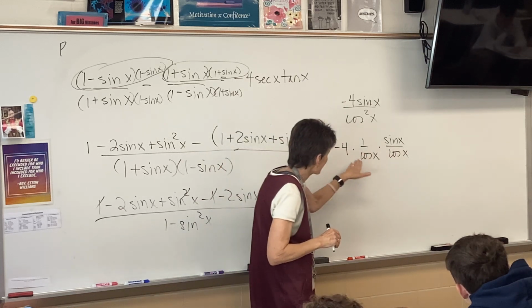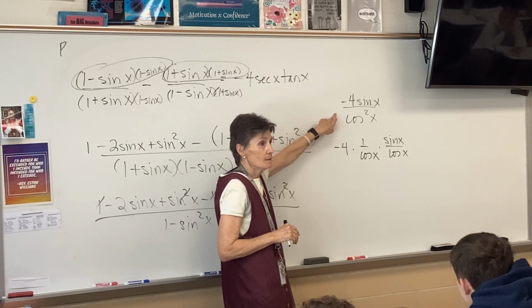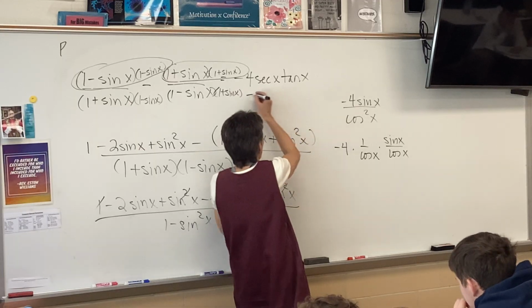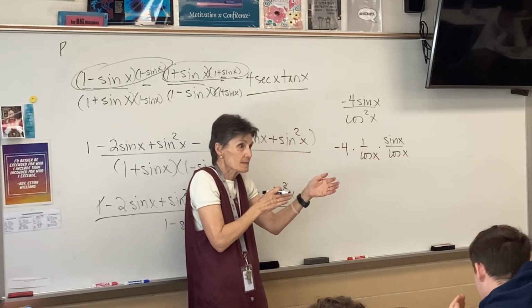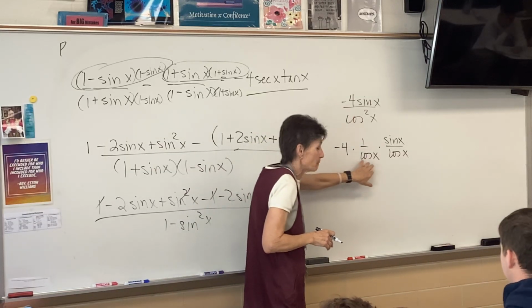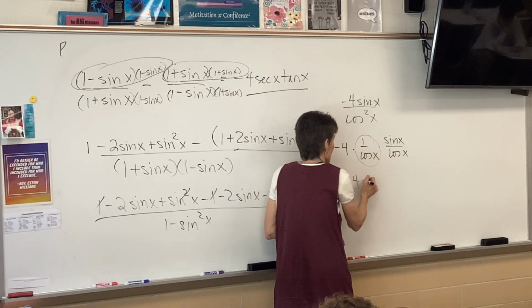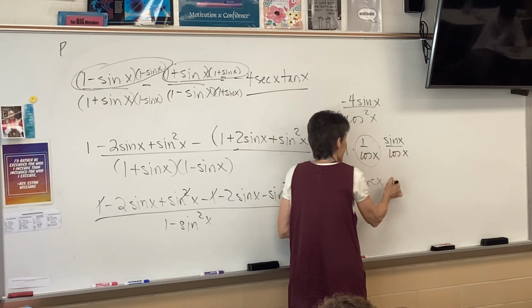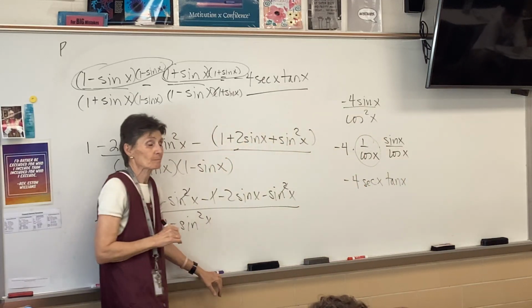Is this the same as this? Because that's what I needed to end up with more pieces, I had to split this up into pieces. What's 1 over cosine? Secant. And what's sine over cosine? Tangent. And there you go. You've got it.